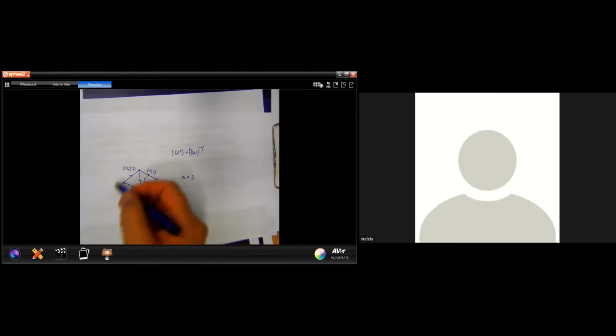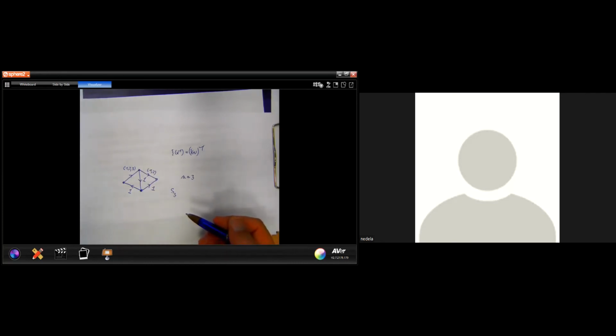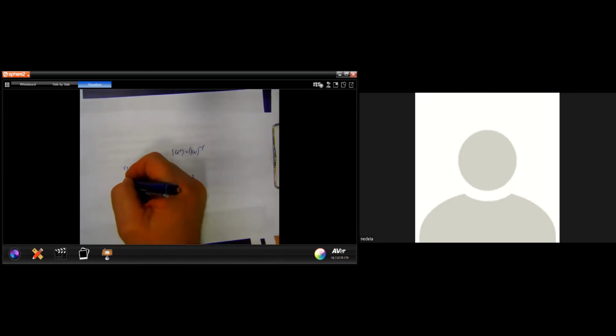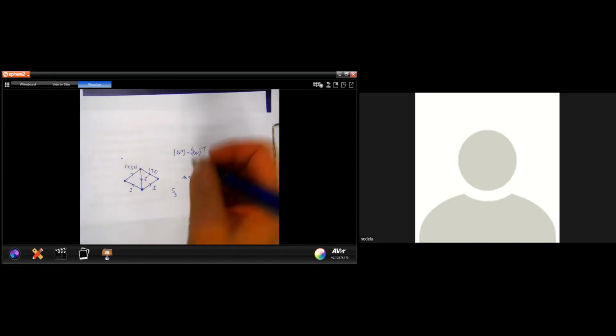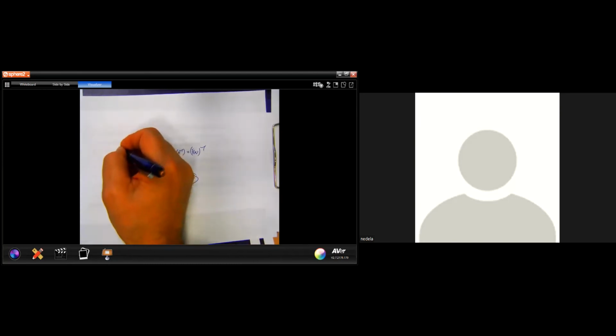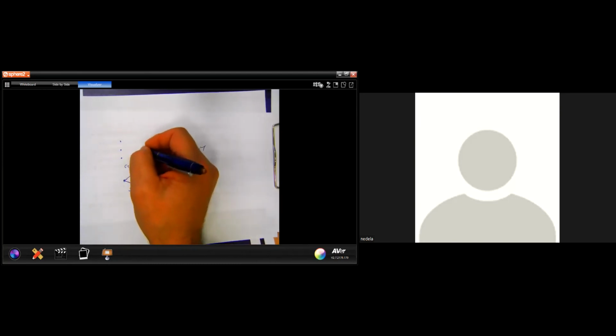And you may think how the covering looks. Because n is 3, over each vertex we have 3 vertices.